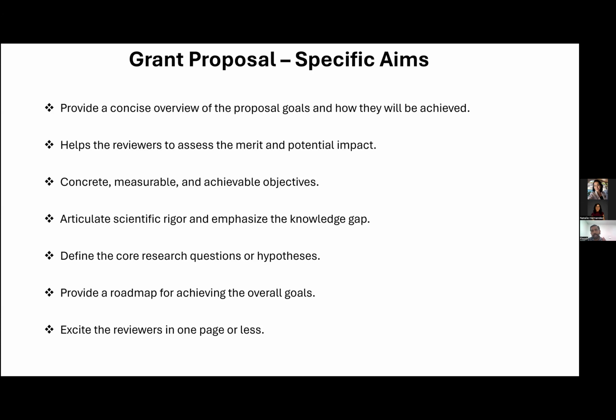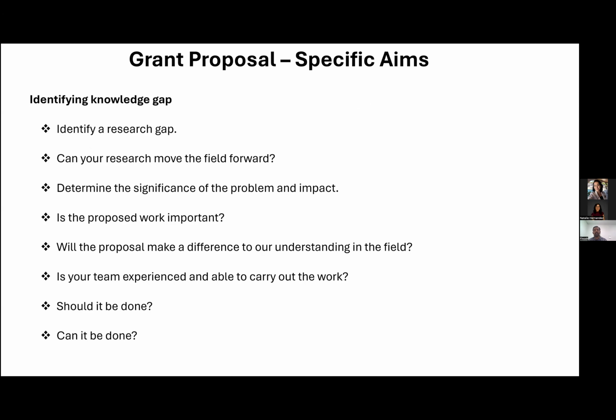So the specific aims are a determining factor for the reviewer, or the specific aims will be the one which gives an impression to your reviewer to provide supportive comments for your grant. So this is very critical. Always keep in mind, this is the start point where reviewers start with your proposal.